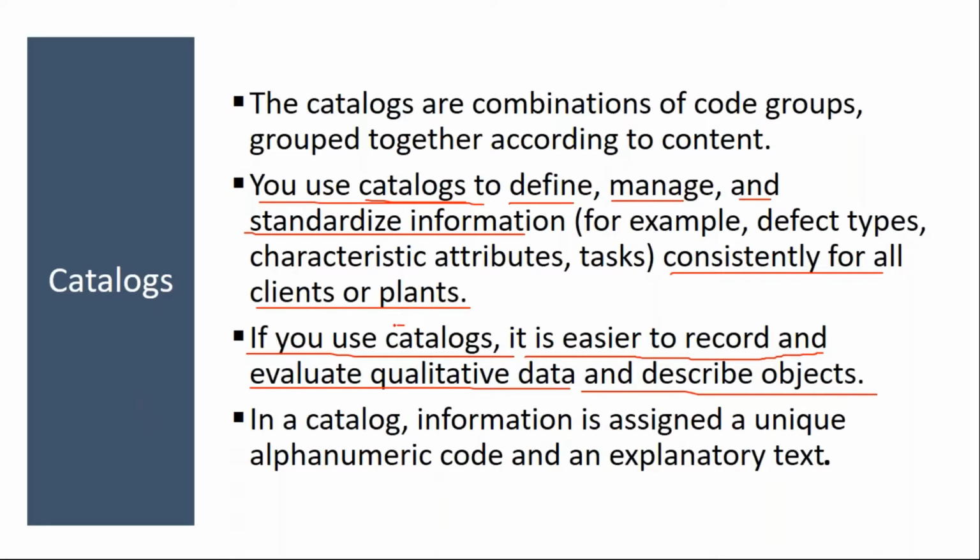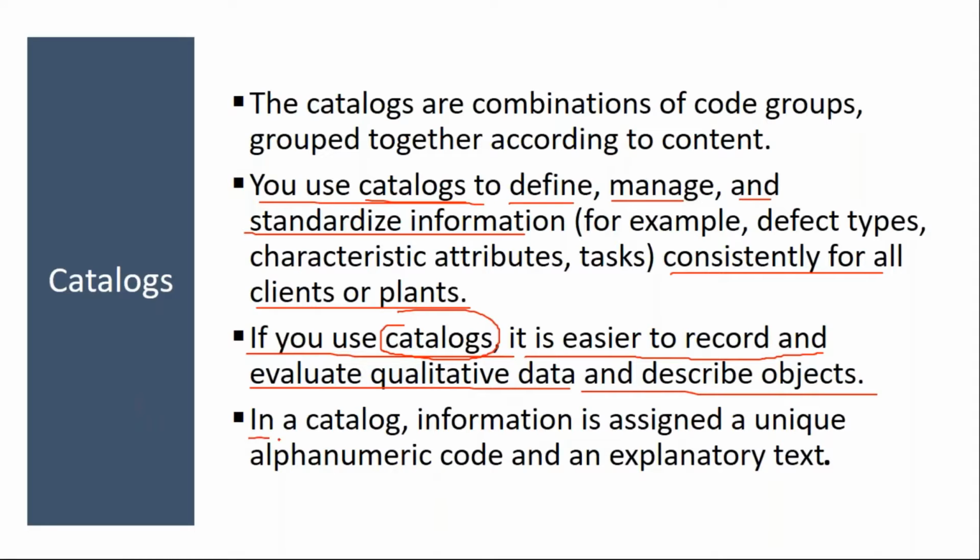Once you start using these catalogs, it will become very easy for the users to enter the information. Instead of maintaining it manually, we will give a predefined list to the users from which they will select. That I will show in the system.